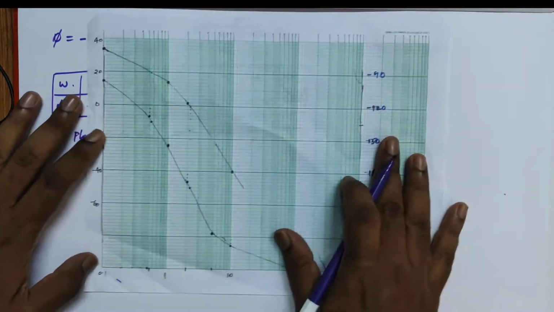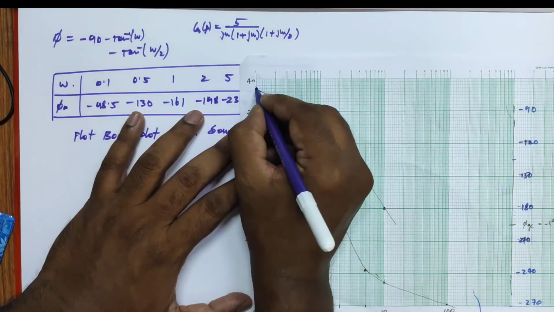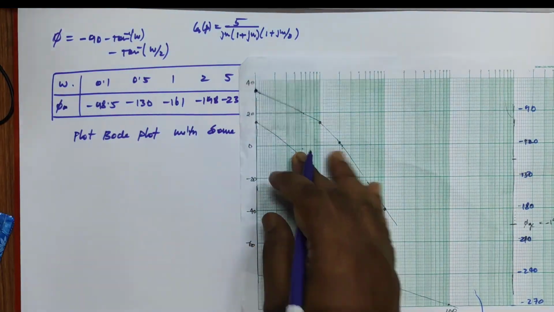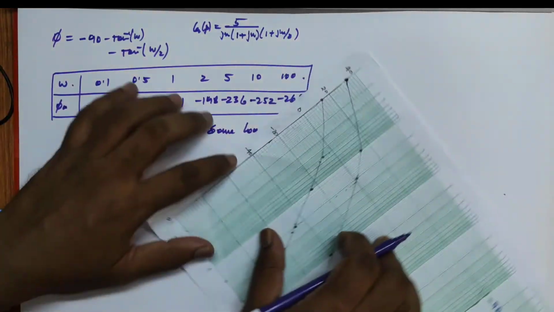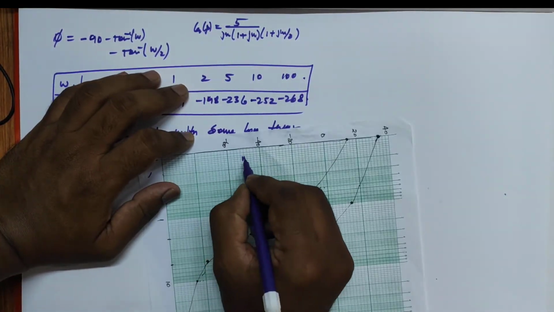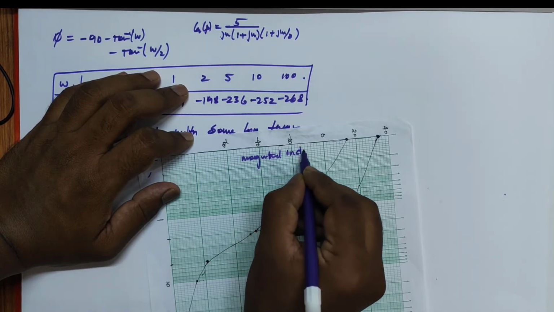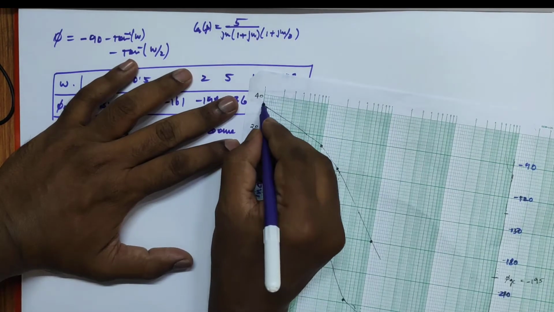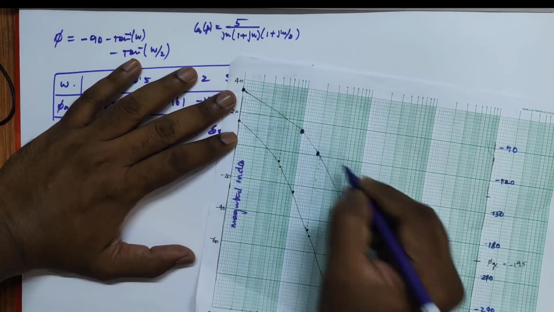This is the Bode plot. For ω equal to 0.1 I obtained a magnitude value of 34 dB. On the y-axis I took the magnitude in dB. I already plotted these, so I got some values.